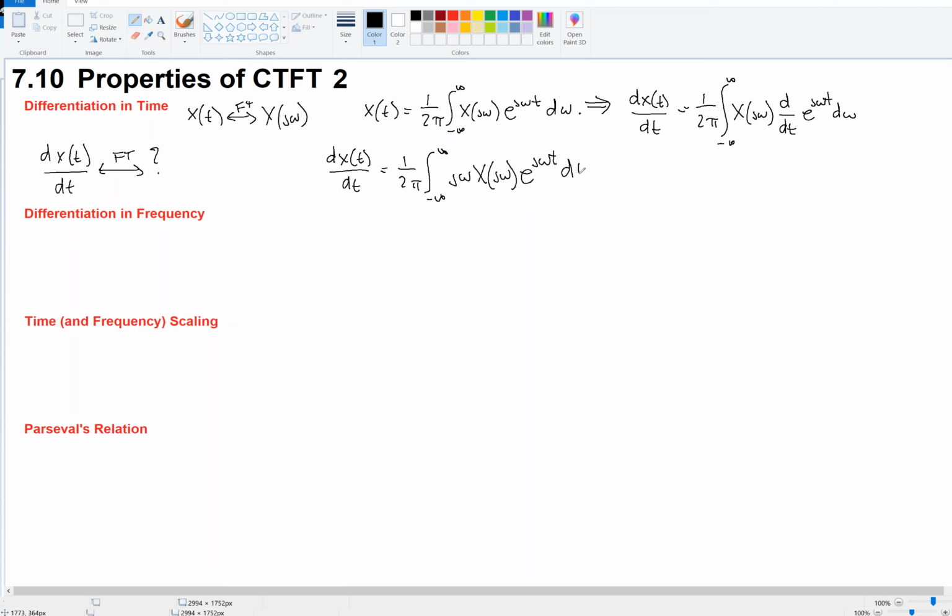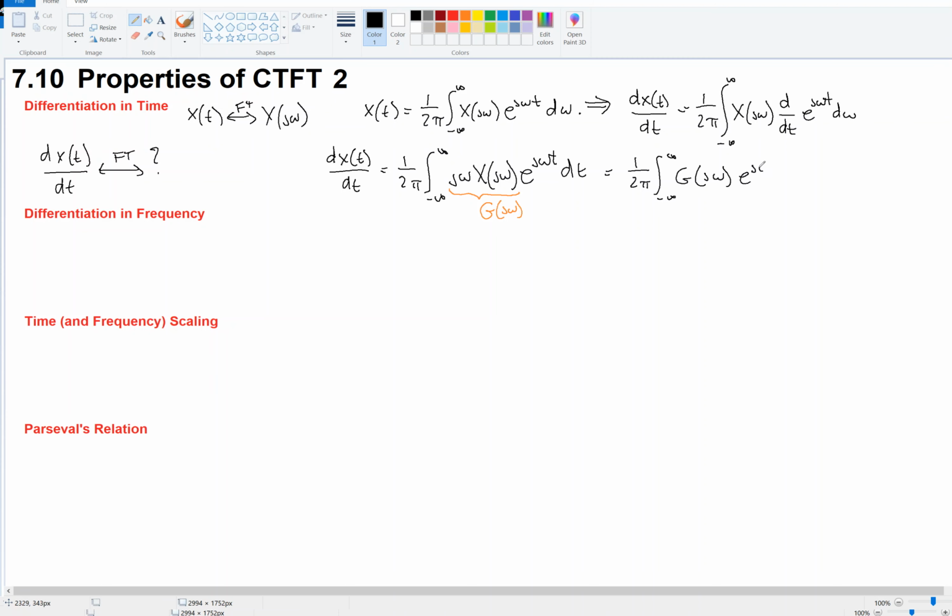The interesting thing here is that let's call this something like g of j omega. It's another function of j omega.